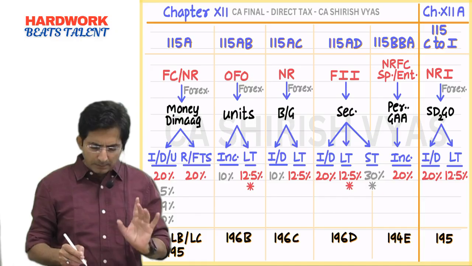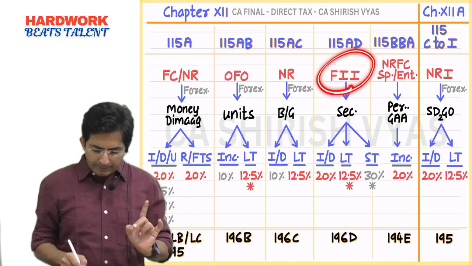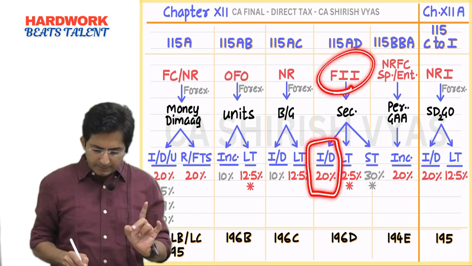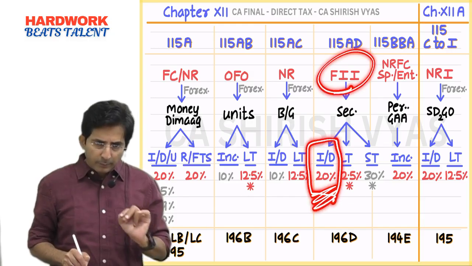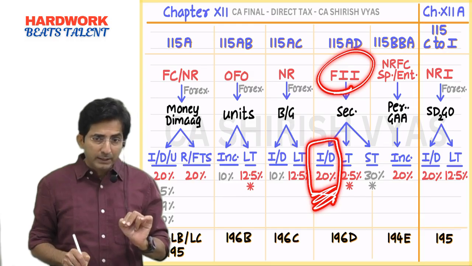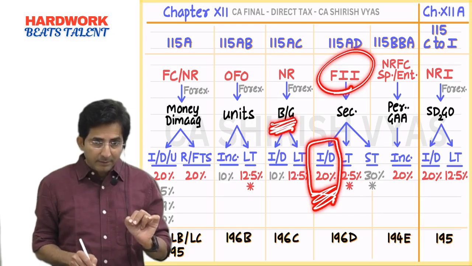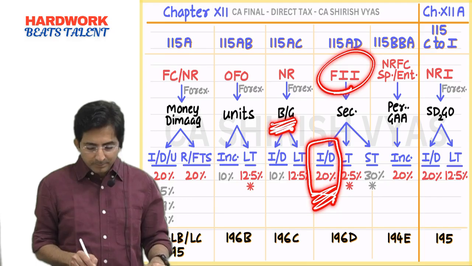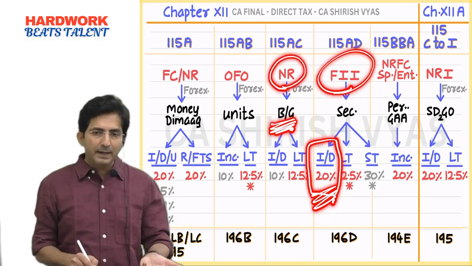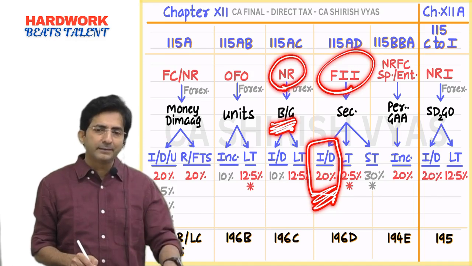Like see one more example. FII interest and dividend is taxed at 20%, correct? What if FII has invested in bond GDR? So you will say, sir, but that is for NR. FIIs are also non-resident.